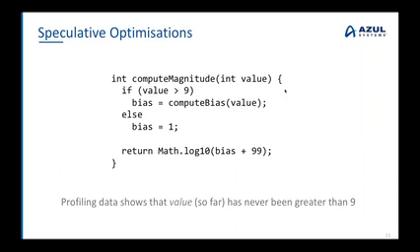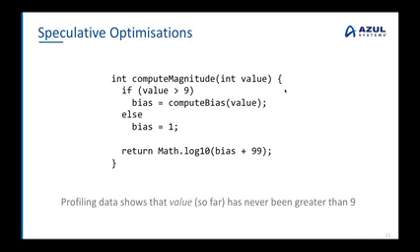I've created a simple method here, which is called computeMagnitude. computeMagnitude takes an integer value, which it's going to do something with. It has an if statement, which says that if the value is greater than 9, then it has to call another method called computeBias to generate some value based on what's been passed into our computeMagnitude method.